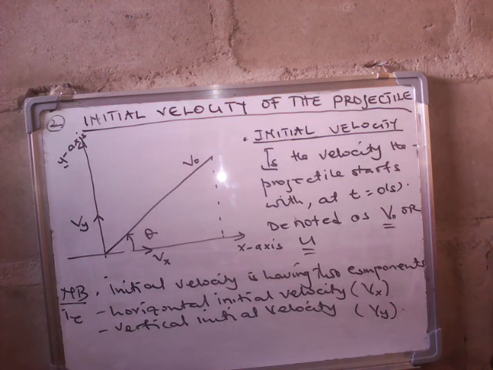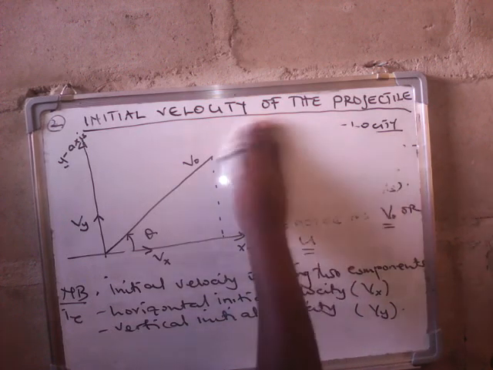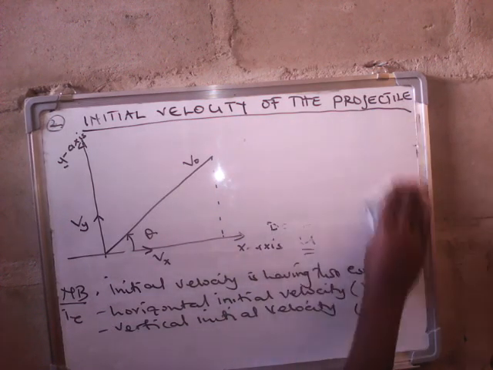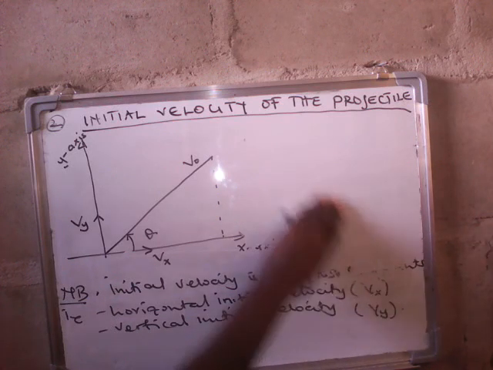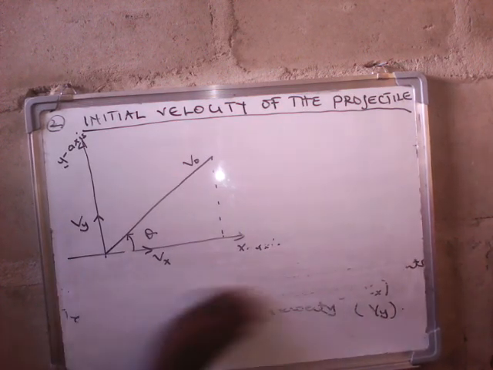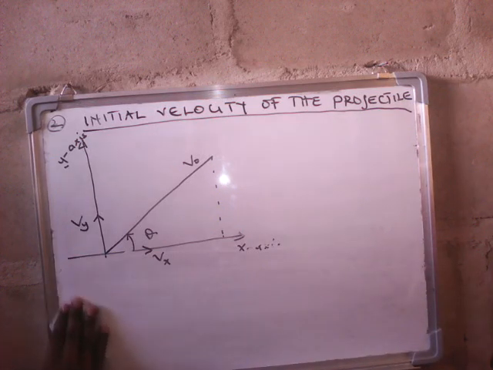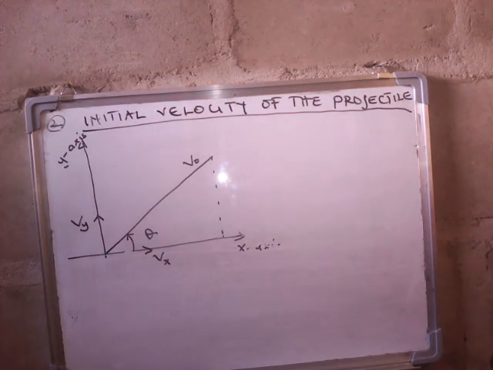How can we derive their formulas? Now look, if we need to see the formula of the horizontal and then the vertical component of initial velocity, we shall sketch this diagram.